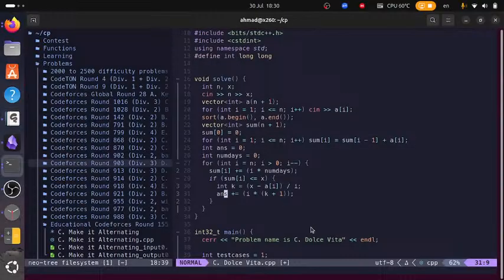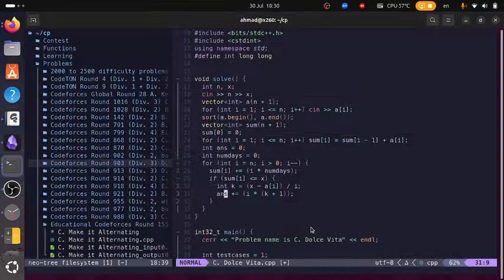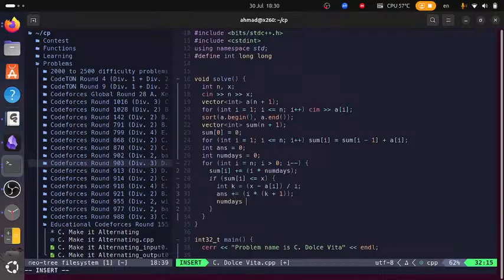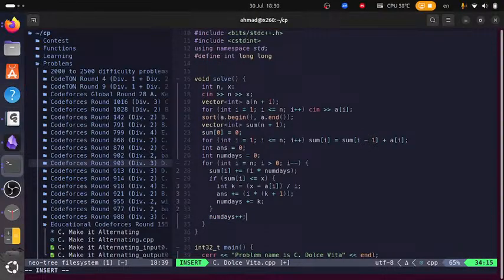So this gets added up, and then we also increment our number of days with the value of k, and then we also go to the next day automatically, right?